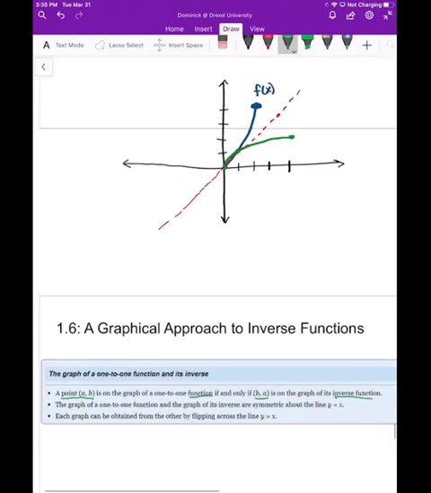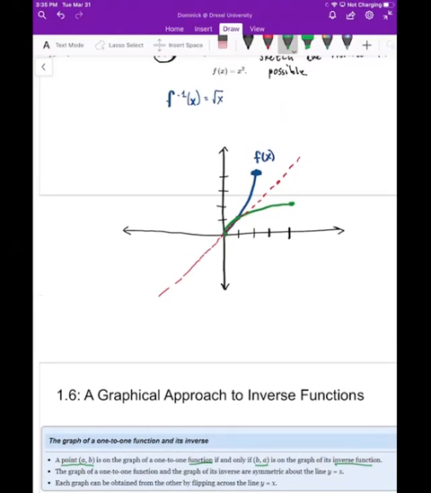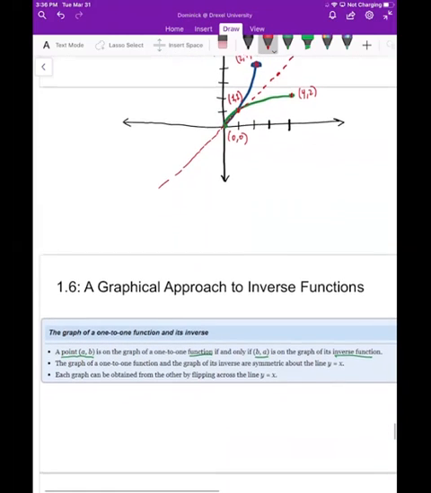If we look at our example up here, the origin is not interesting, because 0, 0, if you flip that, is the same thing. 1, 1 is also not interesting because if you flip that, you get the same thing. But if you look at 2 comma 4, which is on the original, you'll notice that 4 comma 2 is on the square root function, right? So that's an interesting property to note.